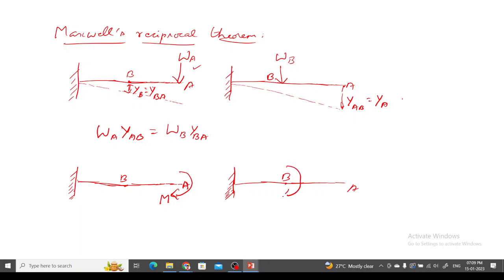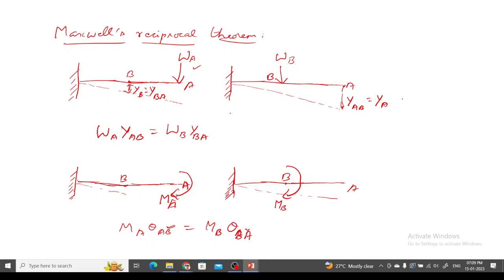Now here I am applying a moment, and let's say this has MA and this has MB. Then MA into theta AB, the moment applied at A and the slope at B, equals the moment applied at B into the slope, theta BA. This is called Maxwell's reciprocal theorem.